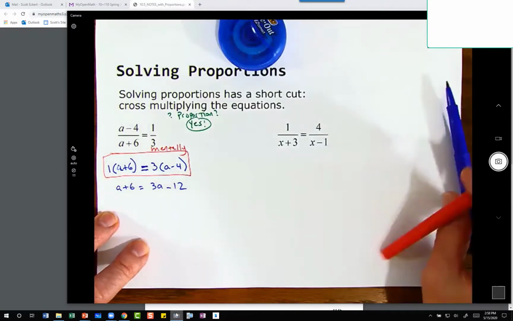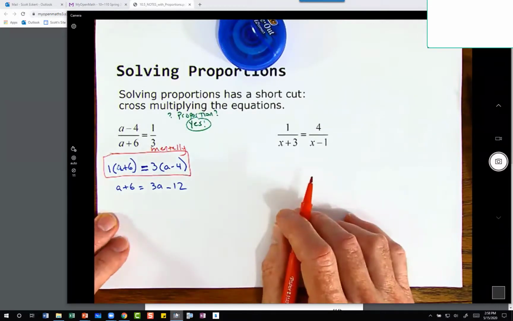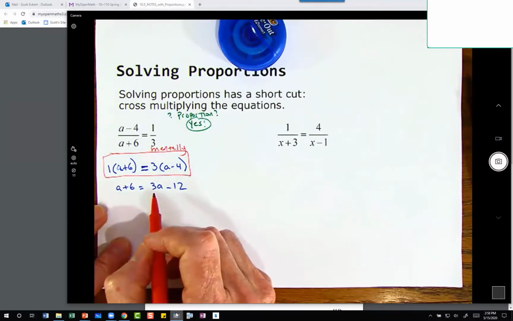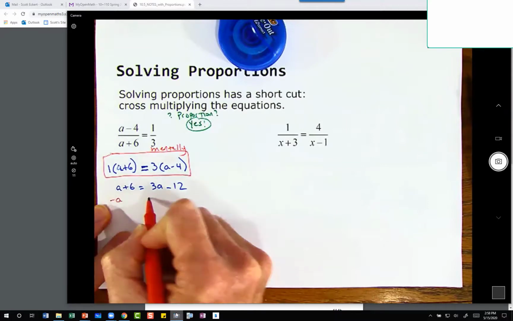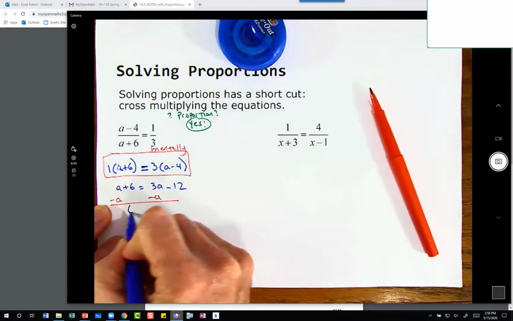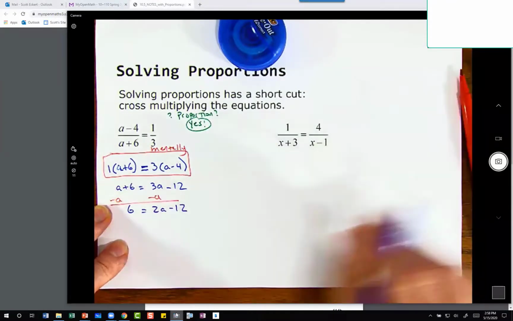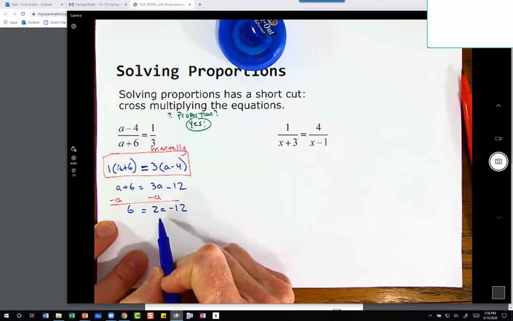Now, how do I get a by itself? There's too many a's. I can't get a by itself when they're on the left and the right. So I'm going to minus the a's on both sides. Okay, so 3a minus a is 2a left.